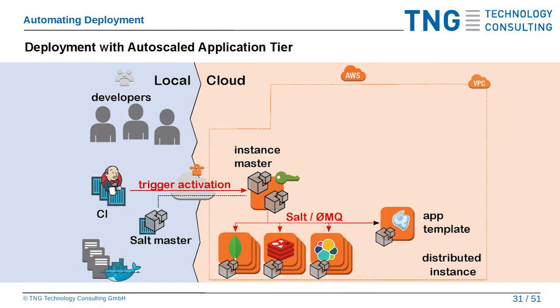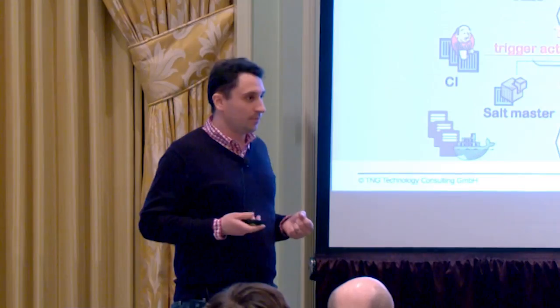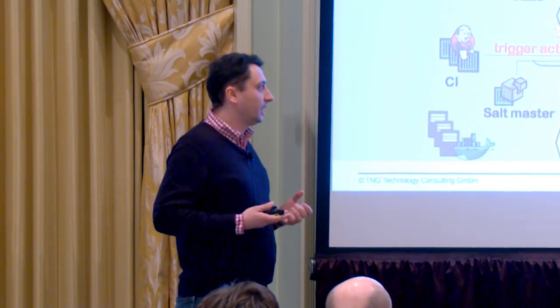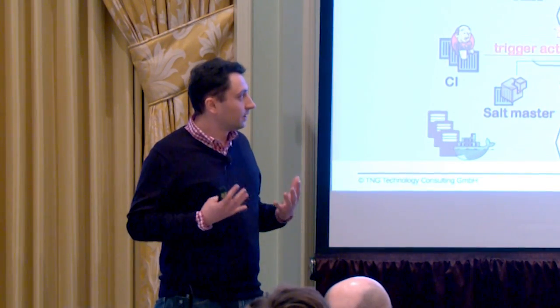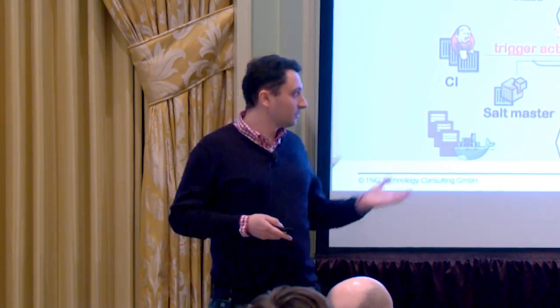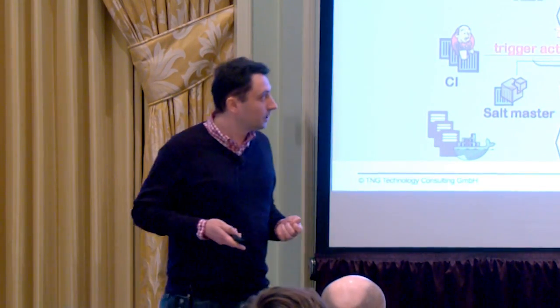So now the activation step has actually some sub-steps. So what we do is, instead of configuring a set of application machines, we just configure an application template machine, or if you have many applications, many application template machines. And from these you create an image. In Amazon terminology, it's an Amazon machine image.